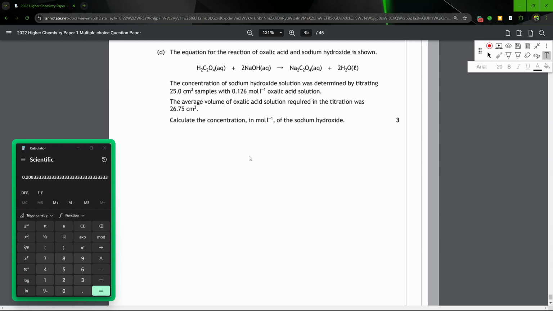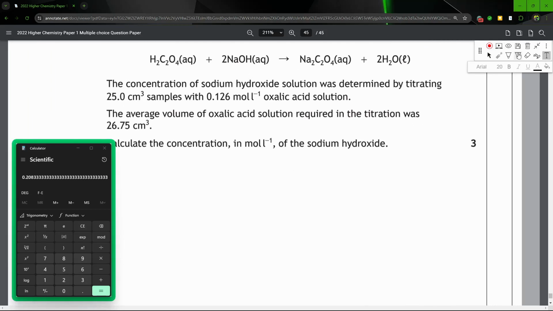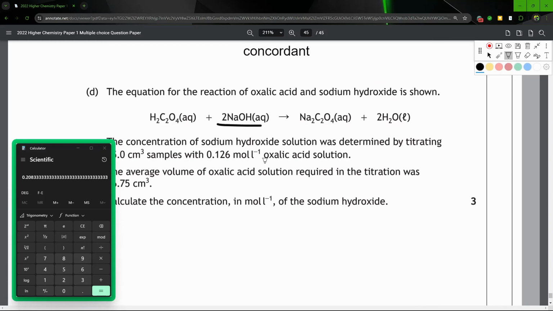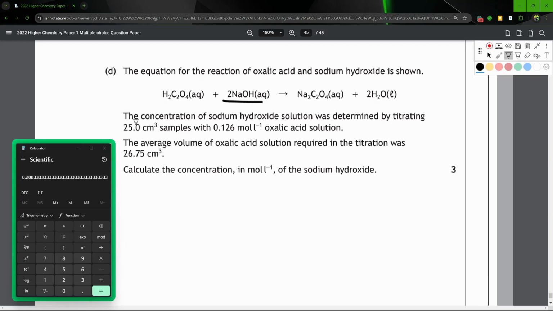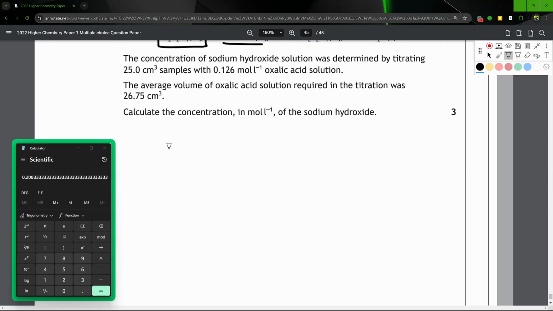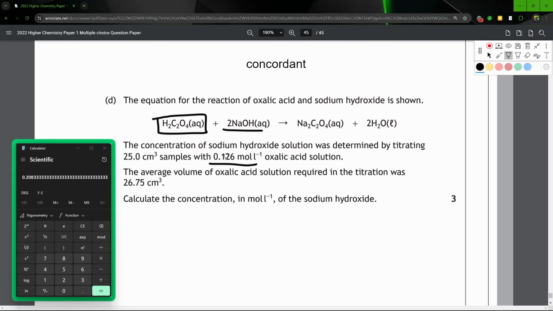All right, let's get cracking on this then. We want to figure out the concentration of this, and we know the average volume of the oxalic acid required to fully react with it is 26.75, and we know its concentration.